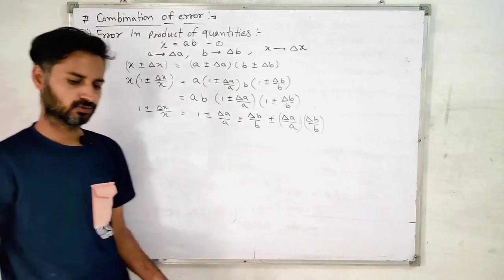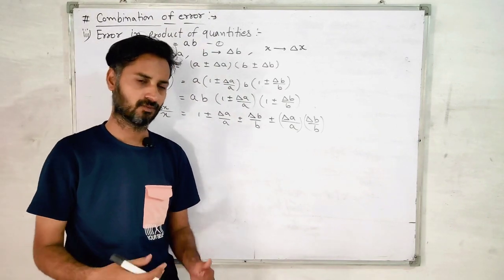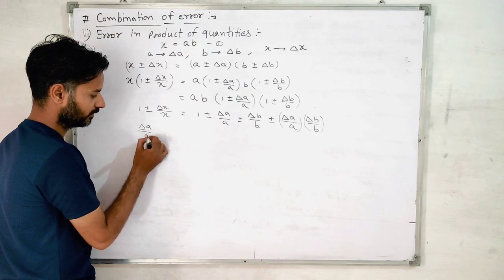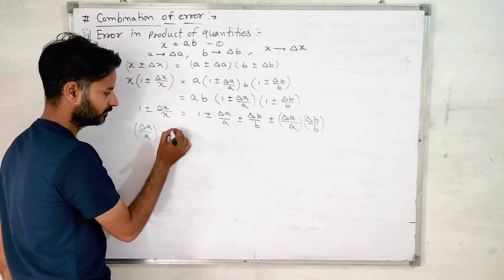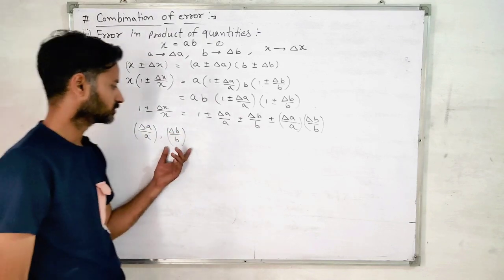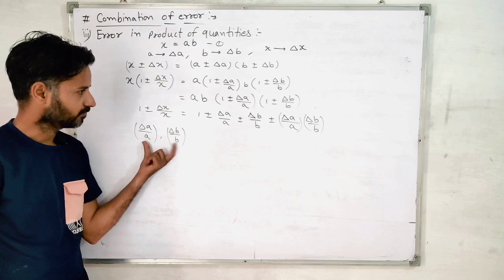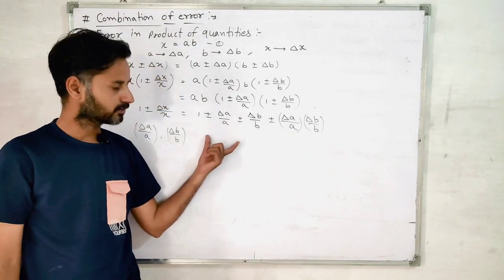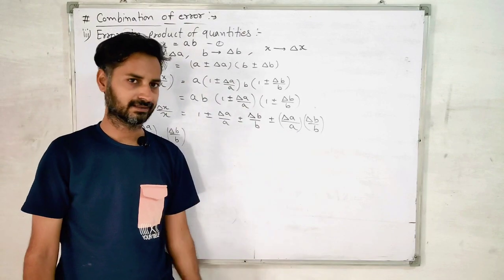As we know that the errors are small, so here del a upon a and del b upon b are very small. If we multiply them then this quantity will be extremely small compared to them, so we can neglect it.